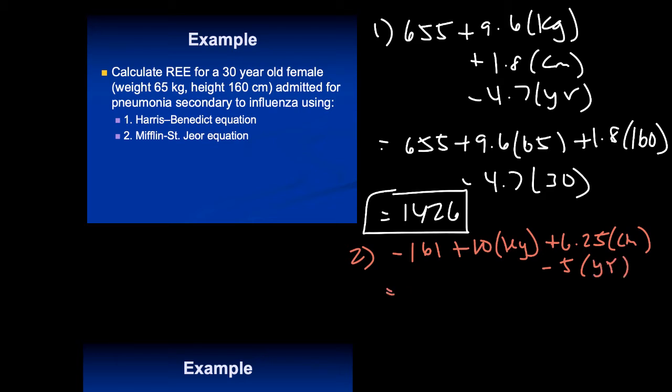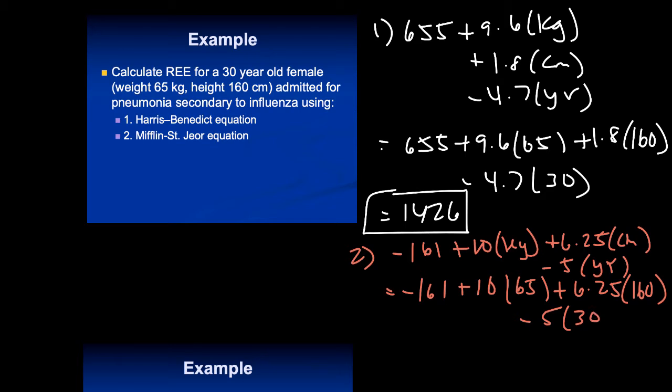Again, she is negative 161 plus 65 kilograms, 6.25, she's 160 centimeters, and she's 30 years old. That should give you 1339. Correct? Correct. Okay. So using the Harris-Benedict equation, you get 1426. Using the Mifflin-St. Jeor equation, you get 1339.